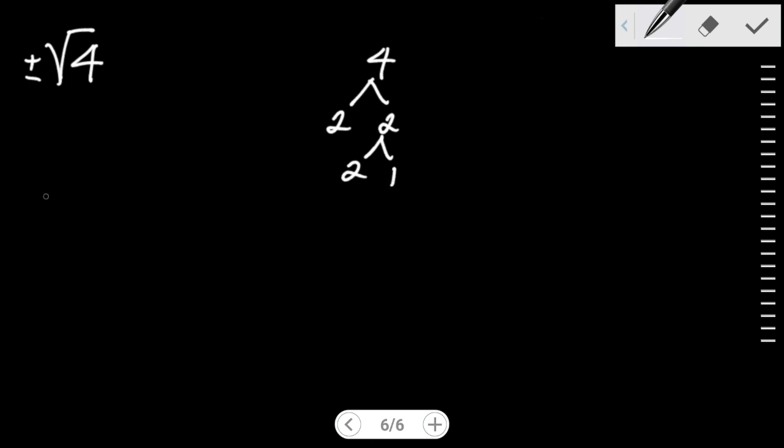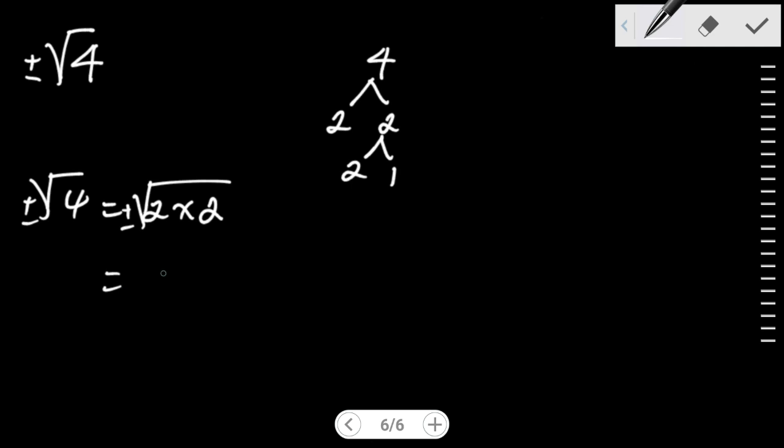And therefore, the square root of 4, which will be positive or minus, will be equal to the root of 2 times 2, positive or minus. And therefore, this would be equal to positive or minus the root of 2 squared. But here we have 1 out of 2, because this sign of a root up here means 1 out of 2.